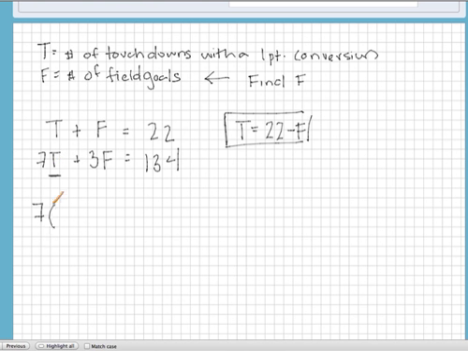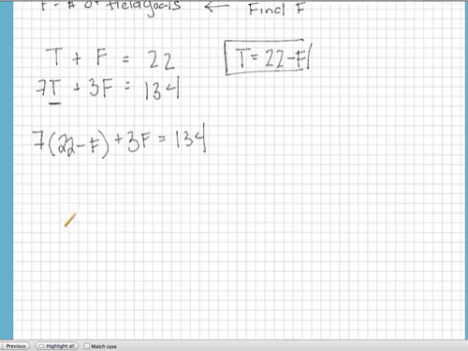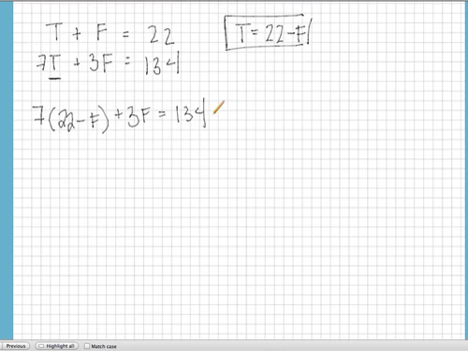So where before I had 7T, I'm now going to put 7 times 22 minus F plus 3F is equal to 134. I'm just going to carry down the rest of the equation. Now I have a simple algebra equation in one variable, and we know how to solve that. 7 times 22 is 154.